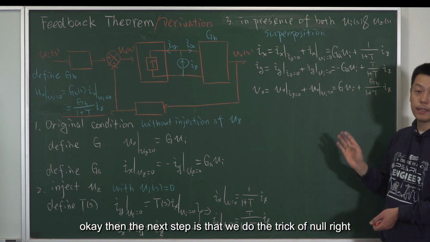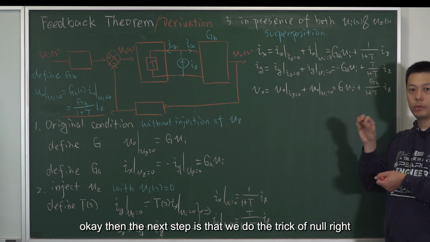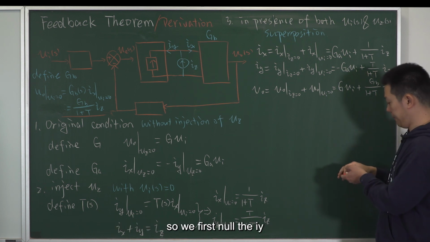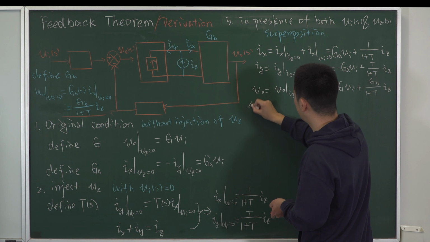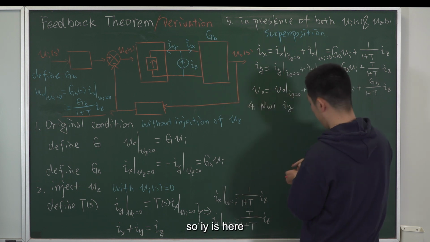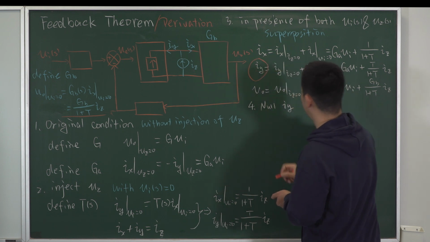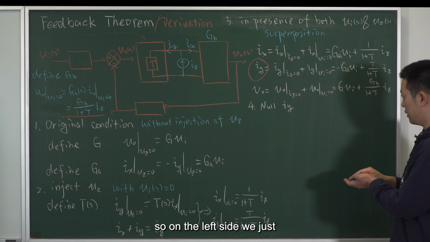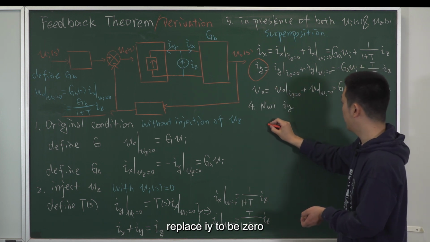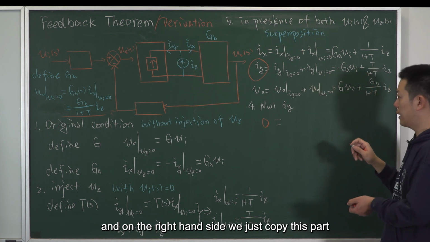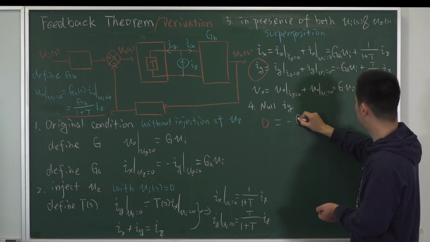Okay, then the next step is that we do the trick of null, right? So we first null the Iy, step 4. So Iy is here. So we null Iy to 0, right? So on the left-hand side, we just replace Iy to be 0. And on the right-hand side, we just copy this part.